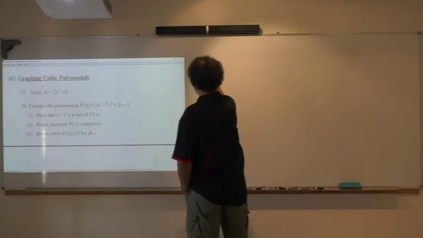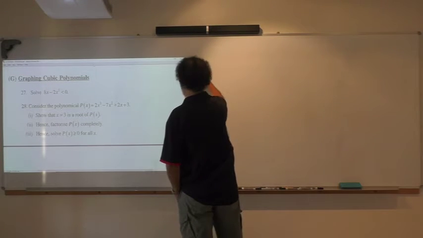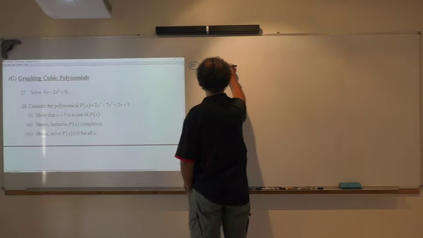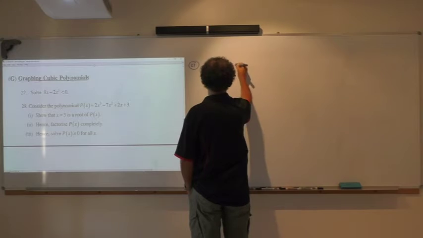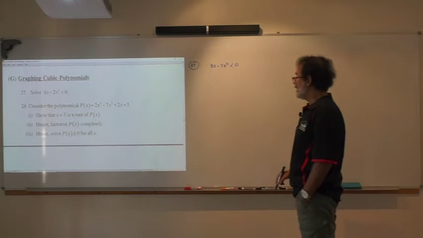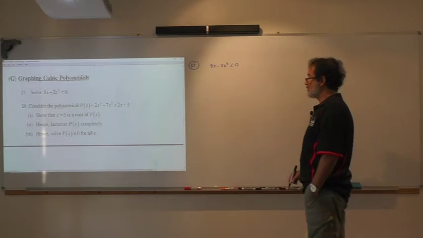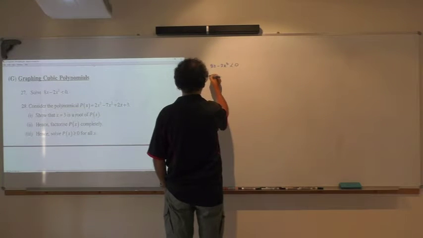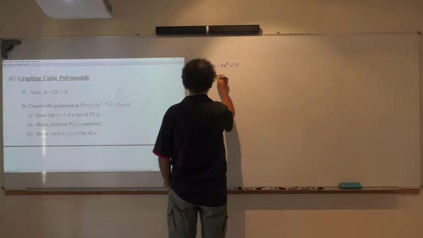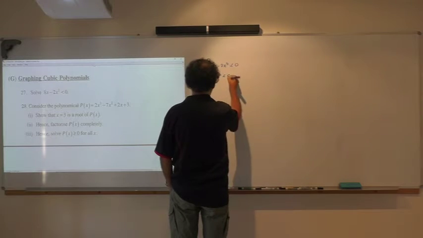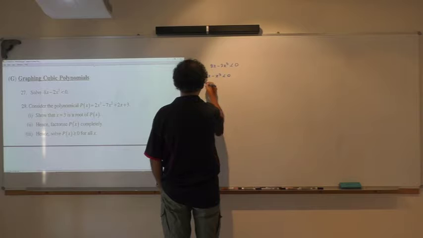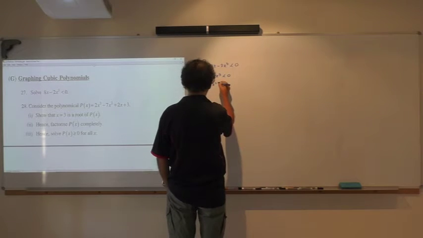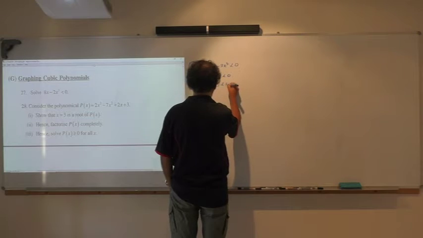All right, question 27. Question 27 says solve 8x minus 2x cubed is less than 0. Okay, so what we are going to do is divide by 2 just to make this simpler. So it's going to be 4x minus x cubed is less than 0. And then I'm going to take the common factor, so it's going to be x times 4 minus x squared less than 0.